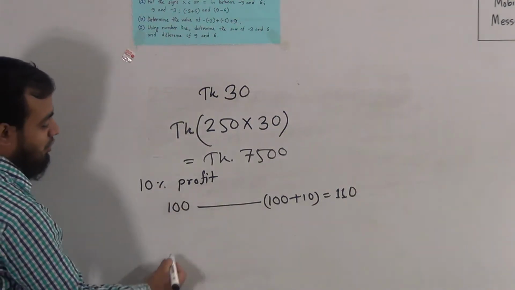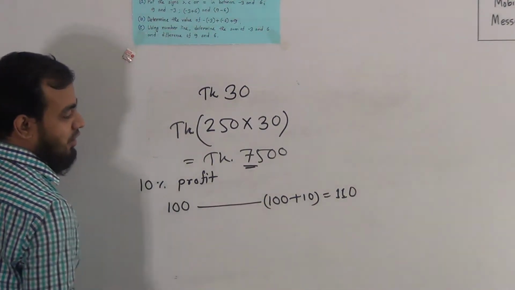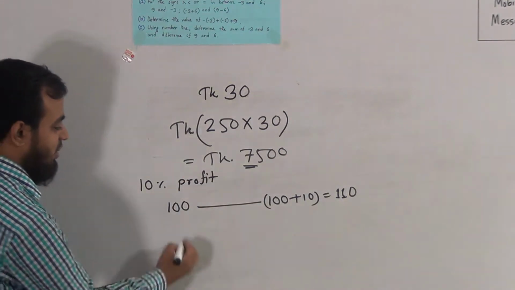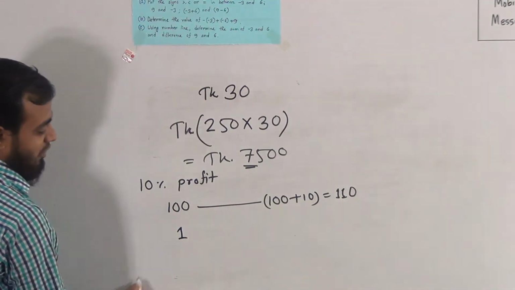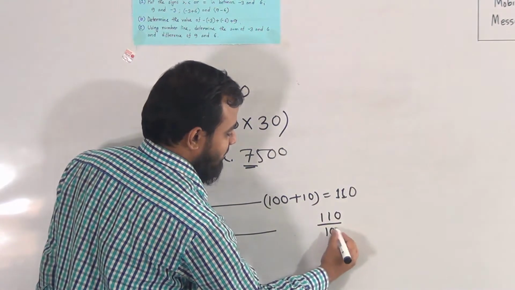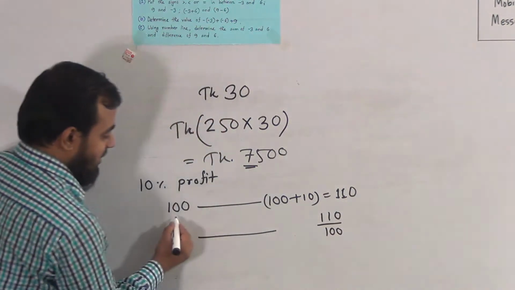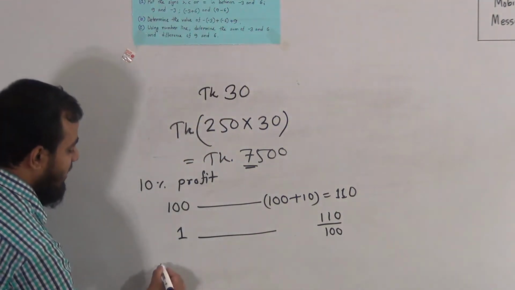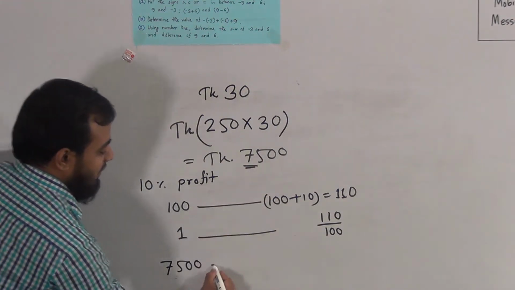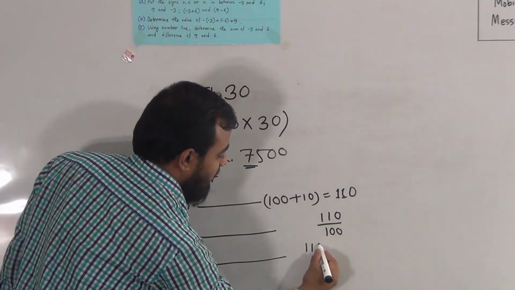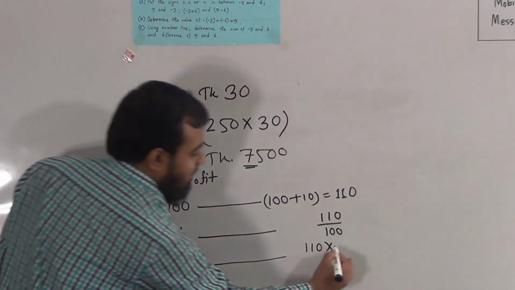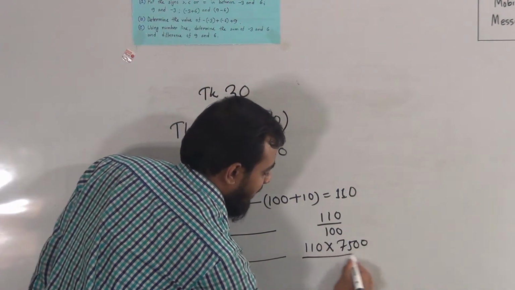Then by the unitary method, our cost price is 7,500. So what will be our selling price? Look, by the unitary method, when our cost price is 1, then our selling price will be 110 by 100. This 110 will be divided by this 100. Again, when the cost price is 7,500, the selling price will be how much? 110 multiplied by 7,500 divided by 100.